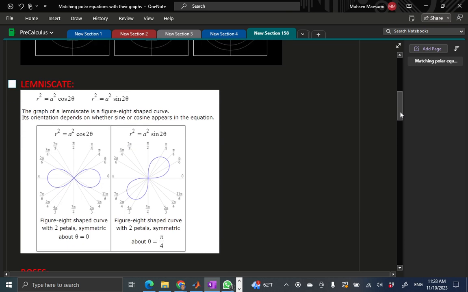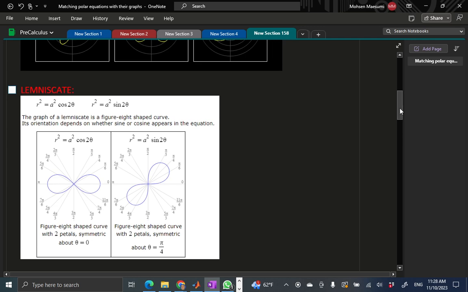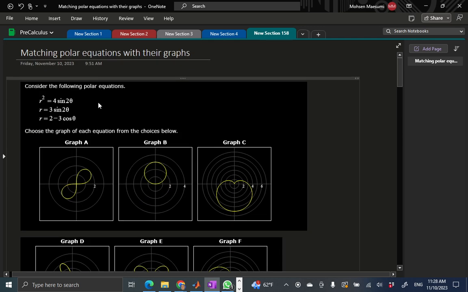We have talked about the lemniscate, characterized by having a square or square root somewhere. And with cosine it was horizontal, with sine it was 45 degrees. So that quickly tells us that for the very first equation that we have here, the clue is this square, that it's a lemniscate.